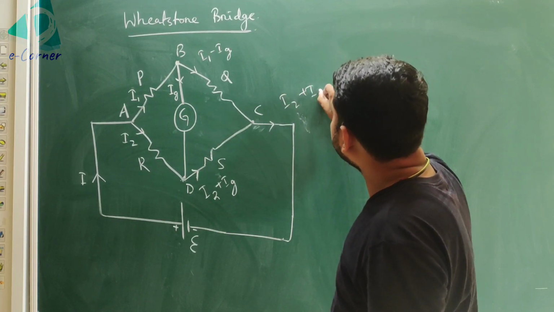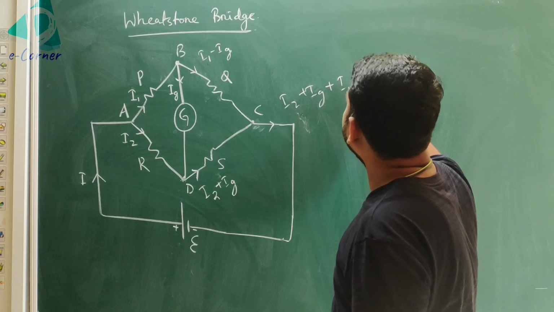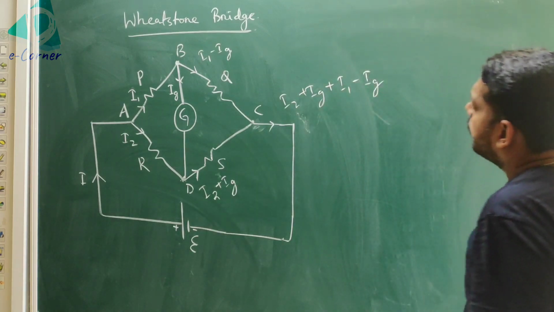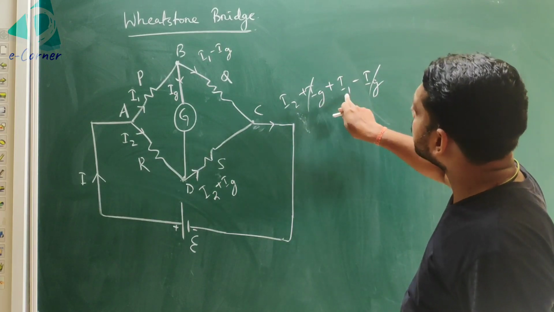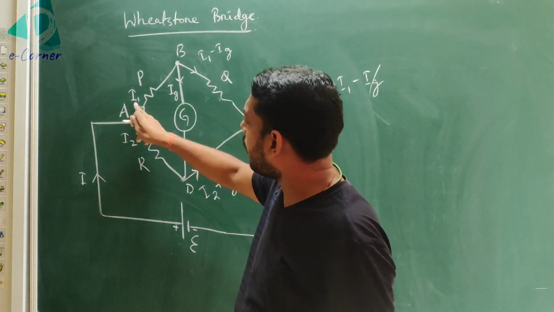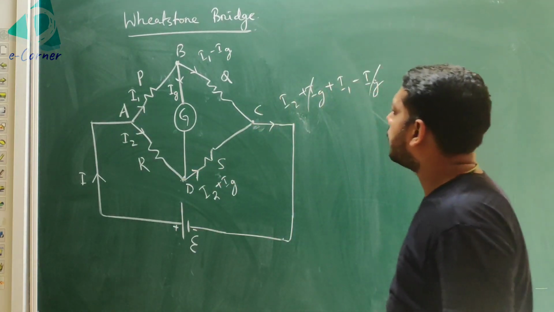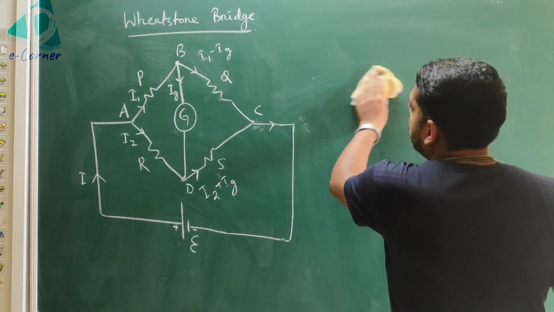I2 plus Ig plus I1 minus Ig. So Ig will cancel. The value is I2 plus I1. Here we are getting I2 plus I1, which is nothing but I1 plus I2.